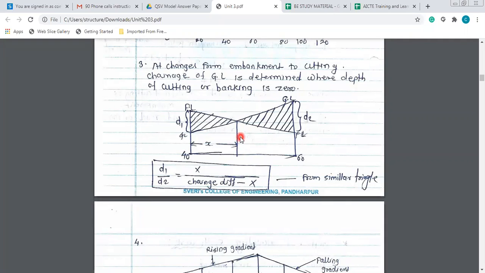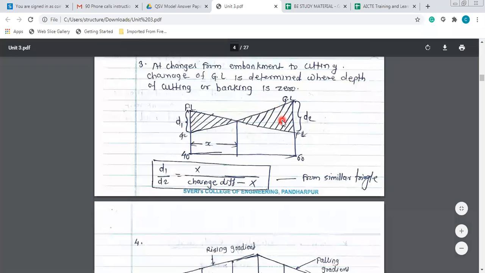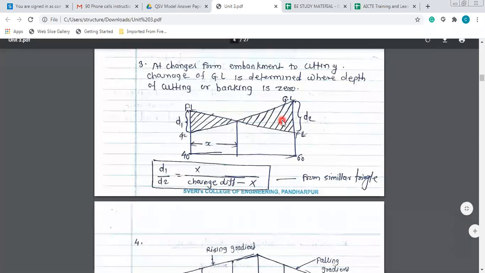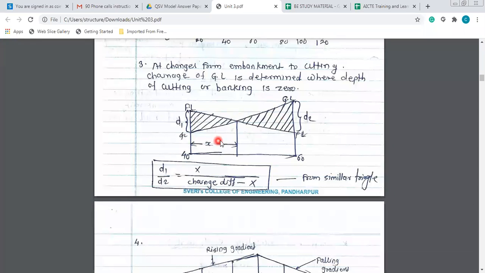So how am I going to calculate that particular chainage? Sorry, let me correct that. I will consider from any point, from the first point or from the second point. You can take it from anyone. Let x be the distance.